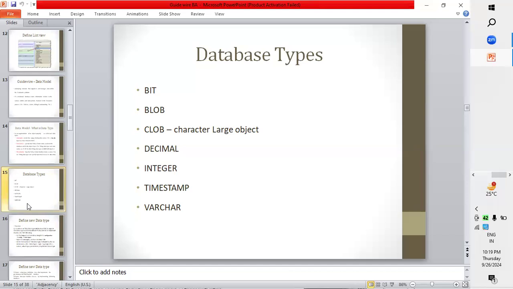The first one is BAT, bit. Second, blob.